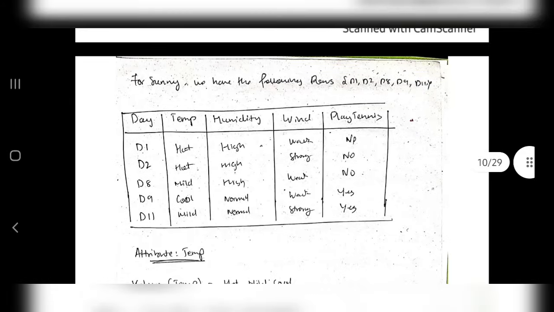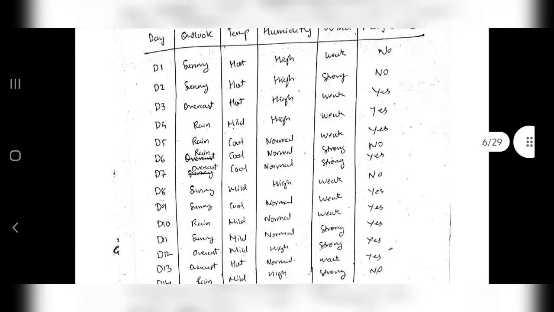For sunny and rain, let's consider the first, sunny. For sunny we have the following rows: D1, D2, D8, D9 and D11, I guess. Why we are considering this is because the outlook is just separated here, right? Outlook is taken out, it's considered and it is done.